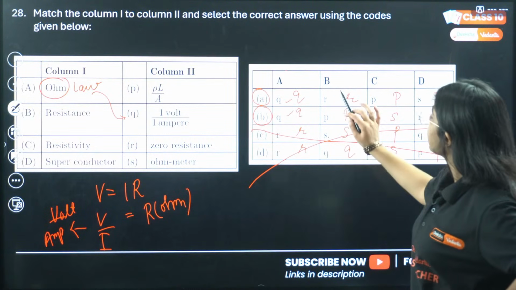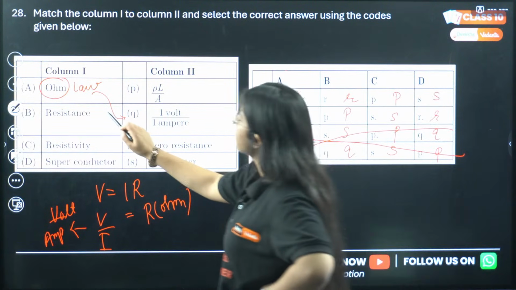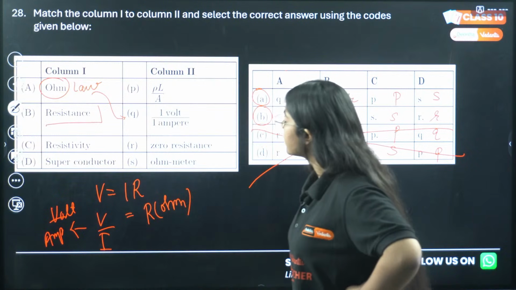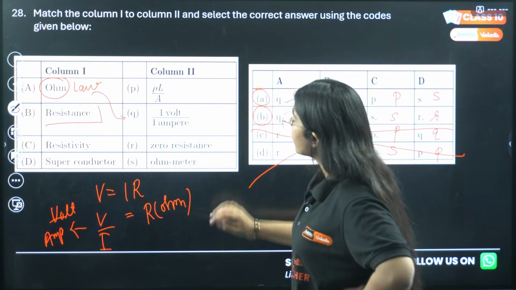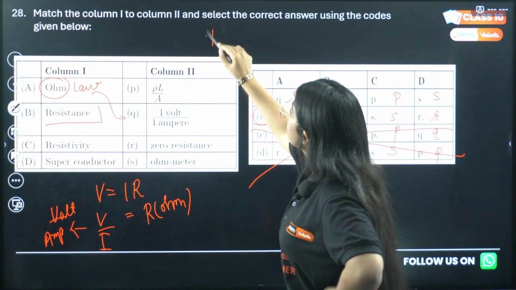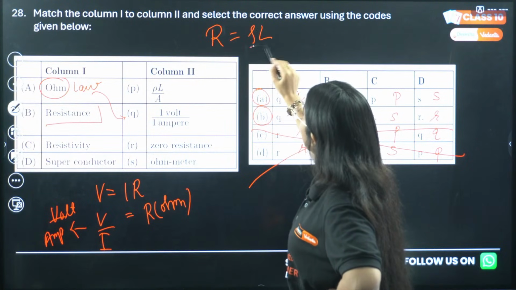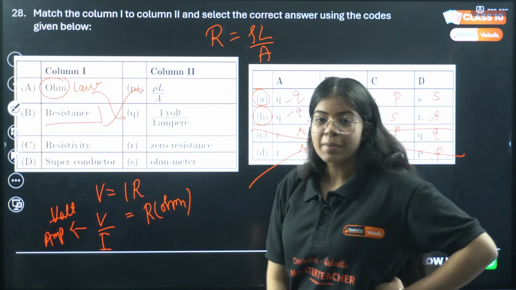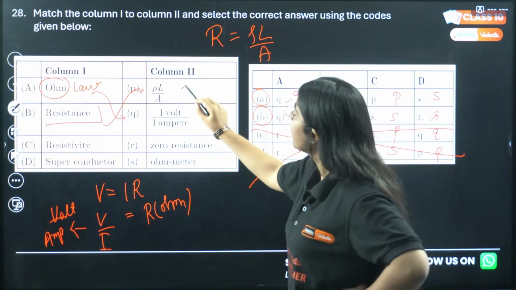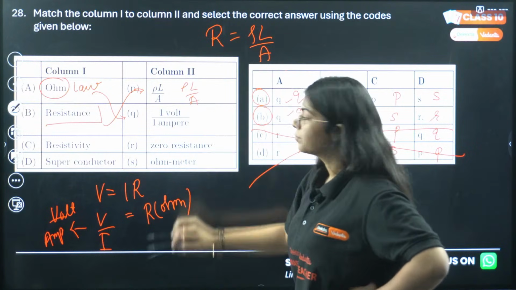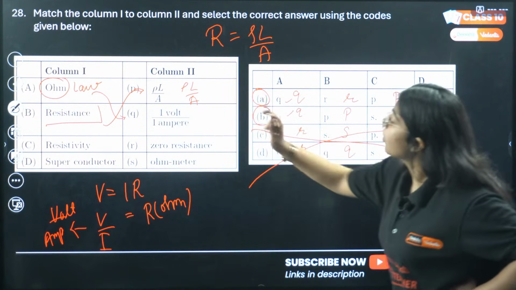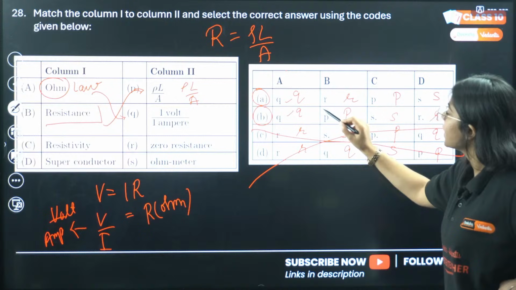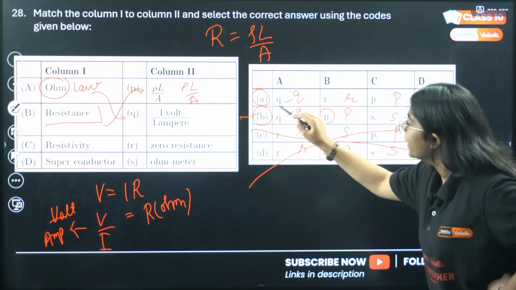Okay, let's see B. For B, resistance is what? Resistance is rho L by A, zero resistance, ohm meter. So the resistance formula is rho L by A. We clearly know that B is matched with P, rho L by A. So B option is correct.